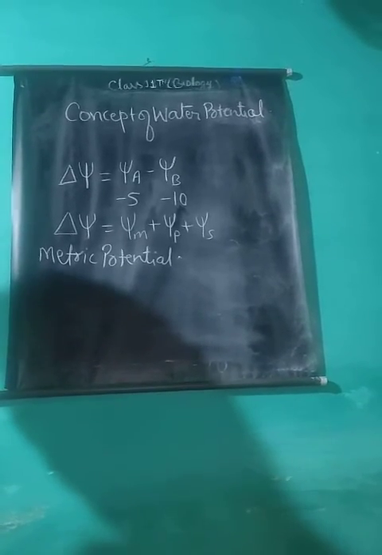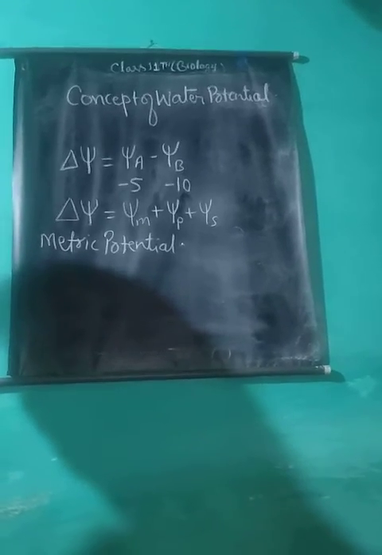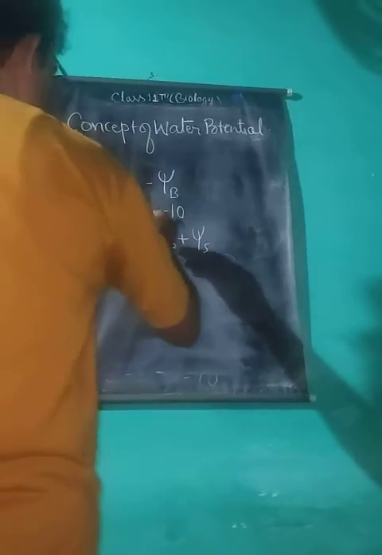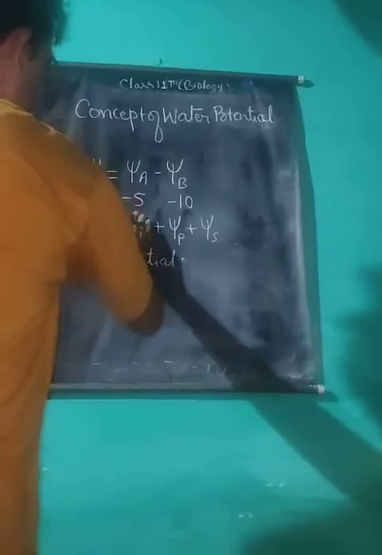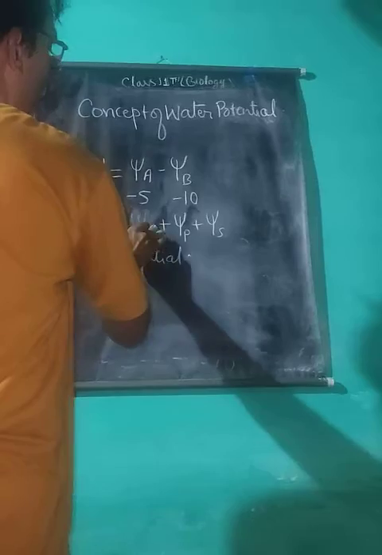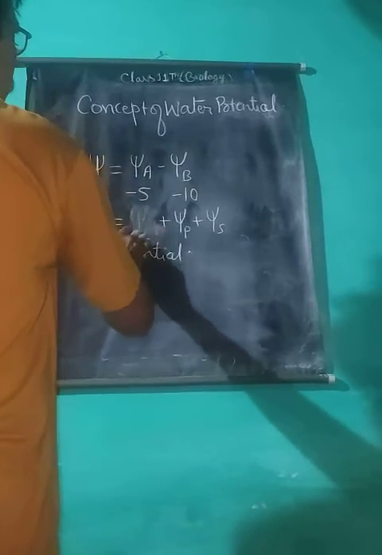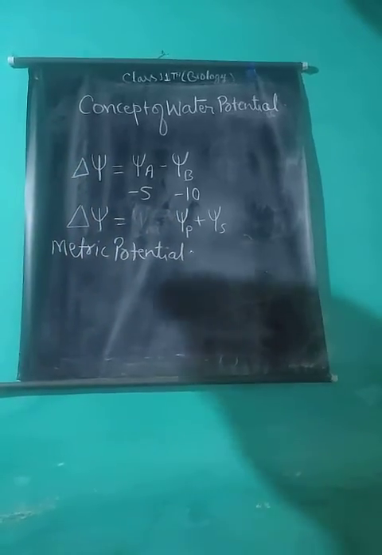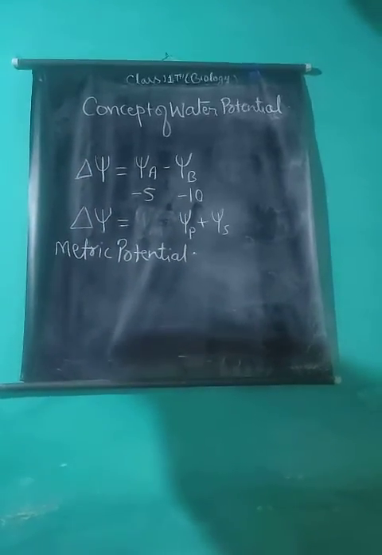Hence, in the equation for water potential, in the case of plant cells, the matric potential is removed and water potential is measured in terms of pressure potential and solute potential only.